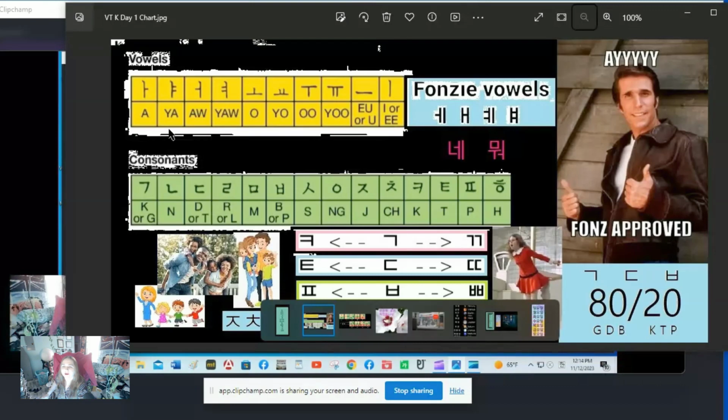Okay, so we have xia. Not only are we turning this into an SH sound, but we have to sneak that Y in there. Xia. All right. How about this vowel? Su. Regular S, we only have one stick.